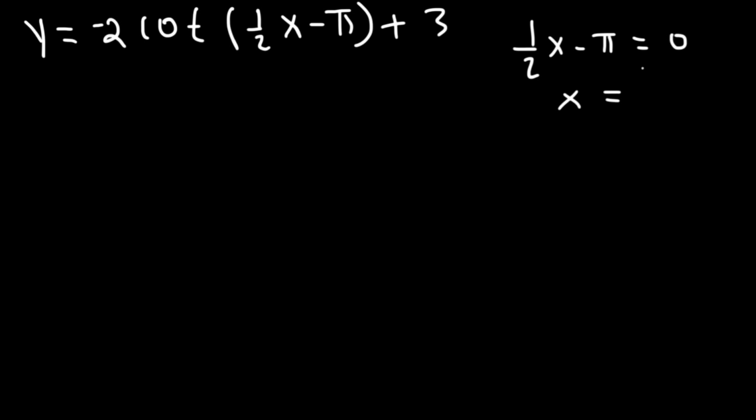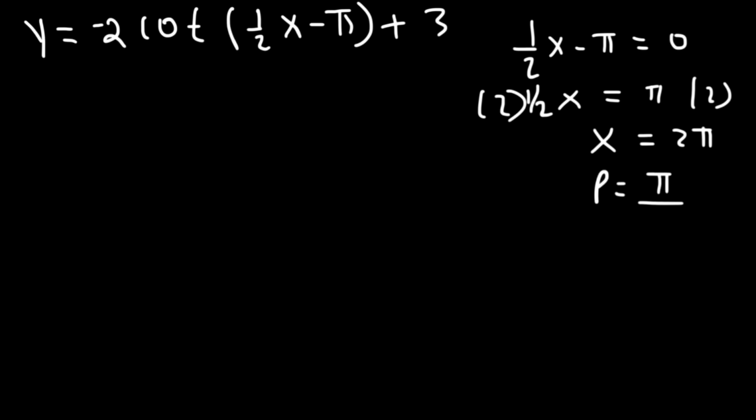So if we move the pi to the other side, we can see that 1/2 x is equal to pi, and if we multiply both sides by 2, the 2 and the 1/2 will cancel. X is 2 pi. So that's the first vertical asymptote. Now to find the others, calculate the period. The period is pi over b, and b is 1/2 in this example, so the period is also 2 pi.